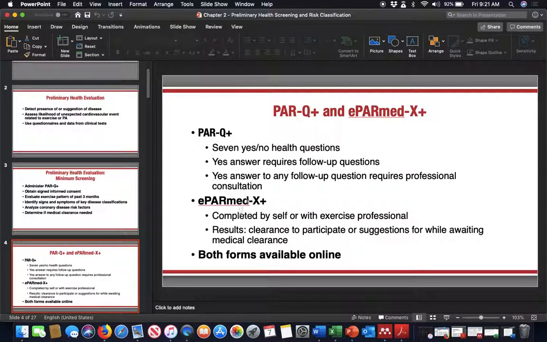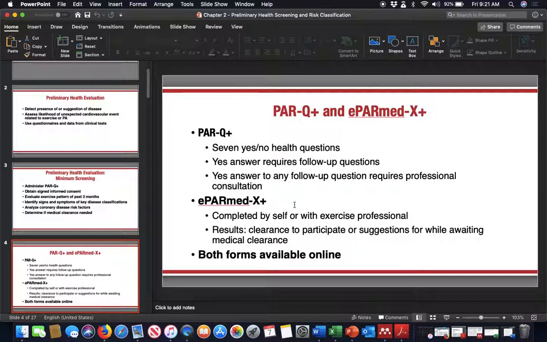The ePARmed-X is going to be filled out by the individual, but it's also basically almost a referral that you're giving, so that the person takes it with them to the medical professional who will eventually do the sign-off.